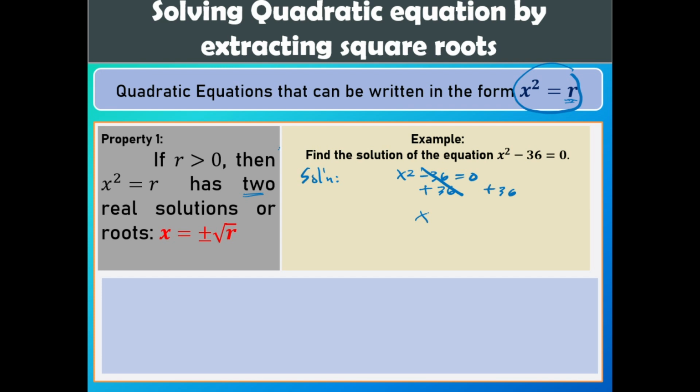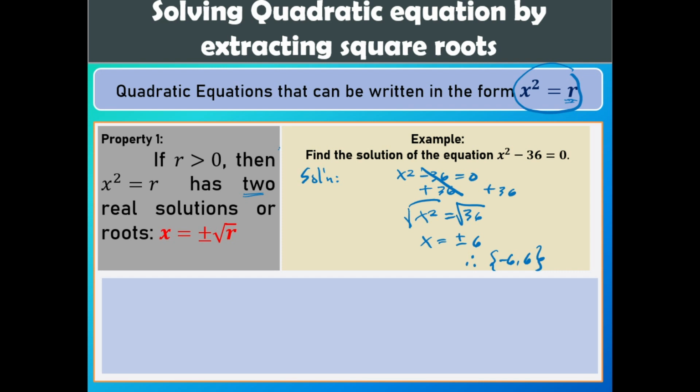So, magiging x squared equals 36. Then, kukunin natin yung square root ng both sides. So, magiging x is equal to positive or negative 6. So, therefore, ito yung symbol ng therefore. So, the solution set are negative 6 and positive 6.